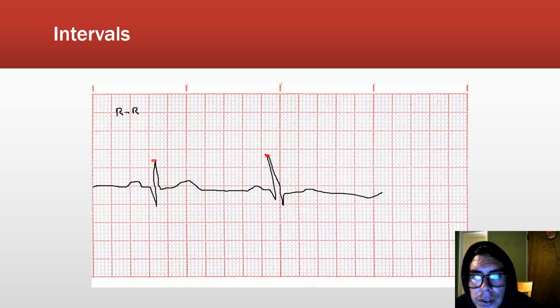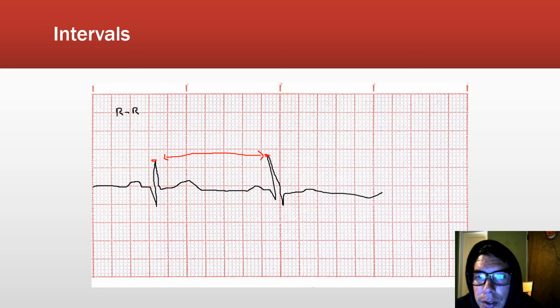The RR interval is the distance from here to here. And that helps us determine if the heart's beating at a regular interval or irregular. So whether the overall beats are regular or irregular. And we also use that to calculate heart rate. So that's what RR interval is.